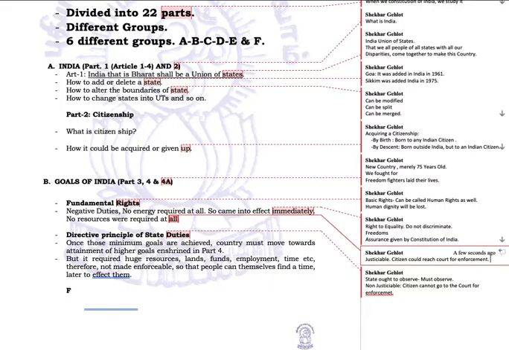Any citizen can reach the court for the enforcement of a fundamental right if it is not provided or not enforced in the proper manner as enshrined in the Constitution of India.